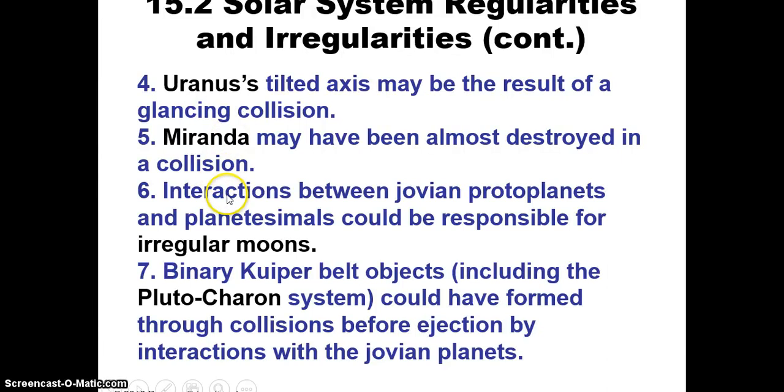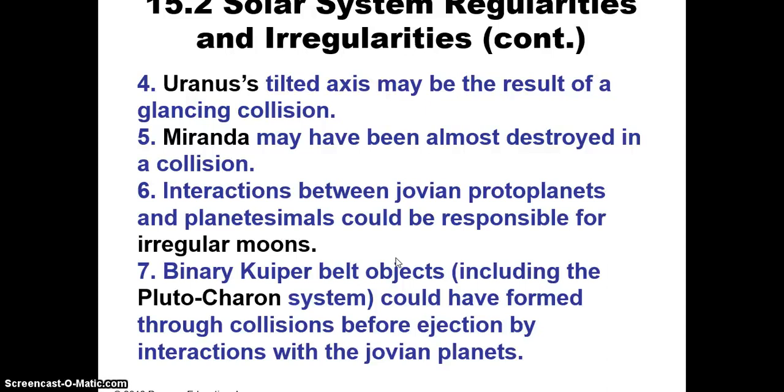Now let's see. We see also, remember, these are all irregularities, interactions between Jovian protoplanets and the planetesimals that are responsible for some of these irregular moons. We also see some binary Kuiper belt objects. In fact, Pluto and its large moon Charon. Pluto actually has, I think, 3 moons, might be even more than that now that we've detected.